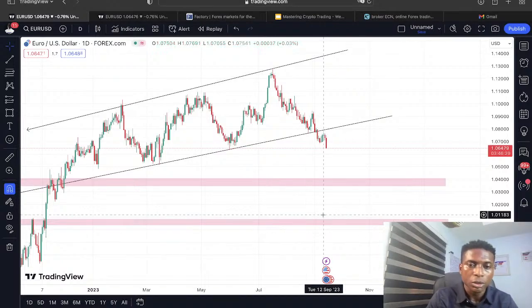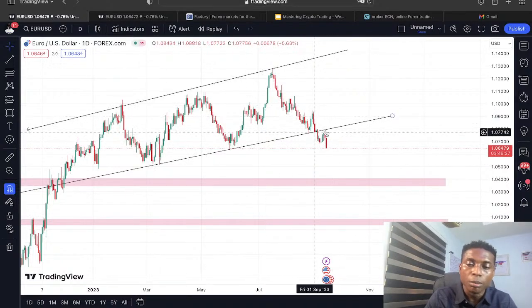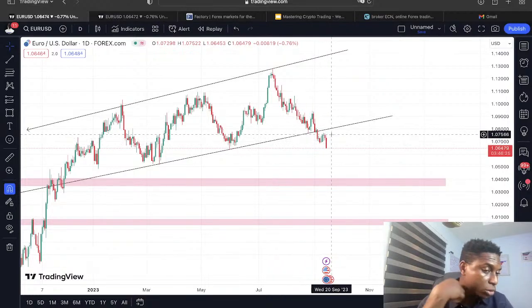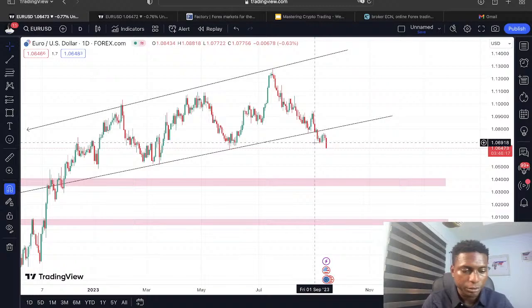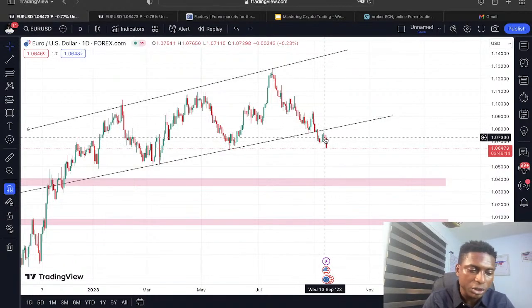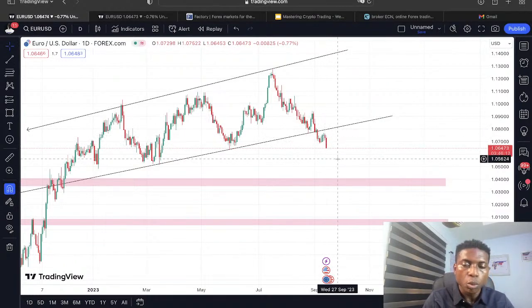So we can see that Euro USD had broken out of this trend line. So what do we expect from here?